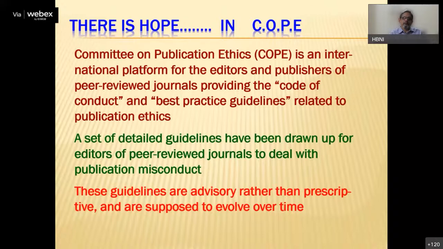So they simply need to refer to these action guidelines and apply them in order to resolve issues.